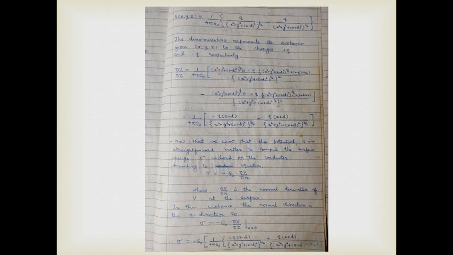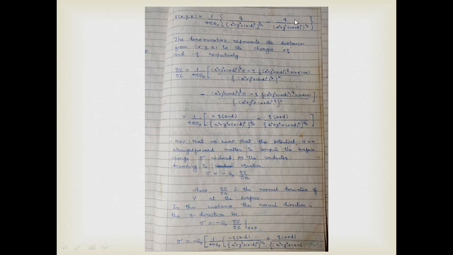The differentiation of z plus d whole square is 2 times z plus d, and the differentiation of z is 1, divided by the square of the denominator. So that is substituted here.